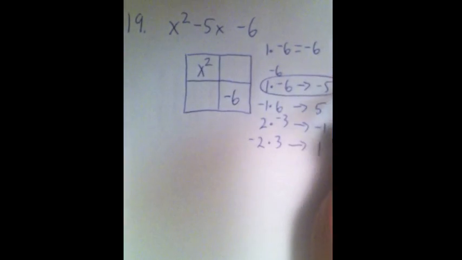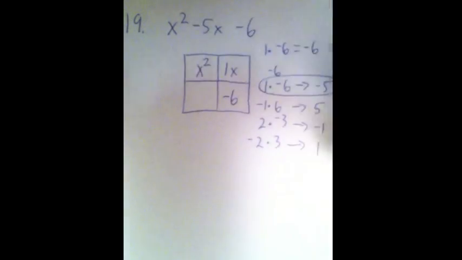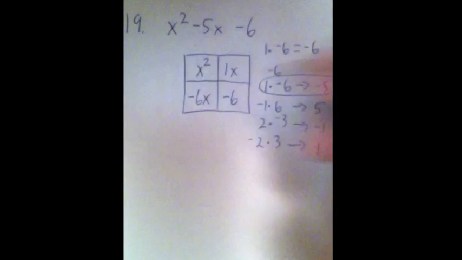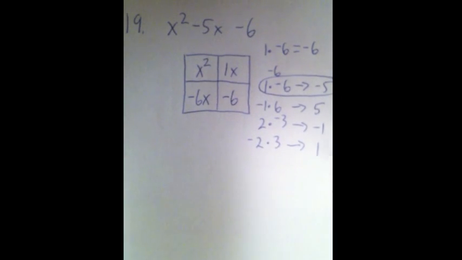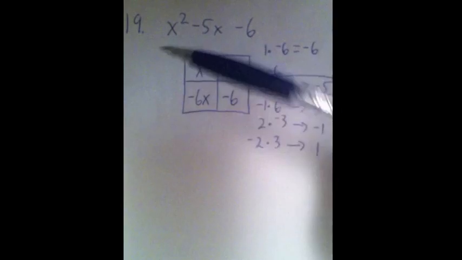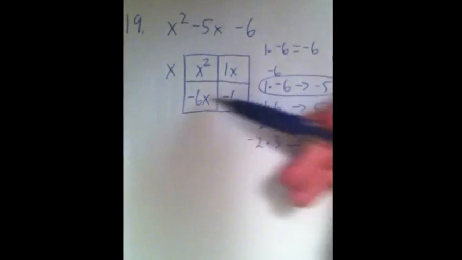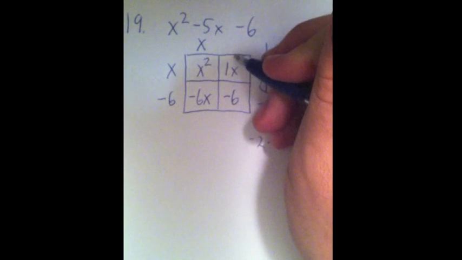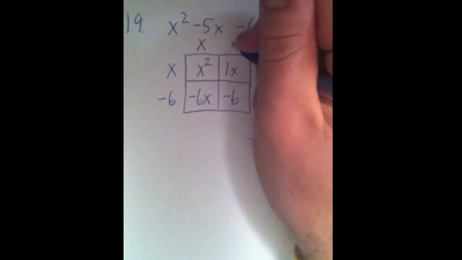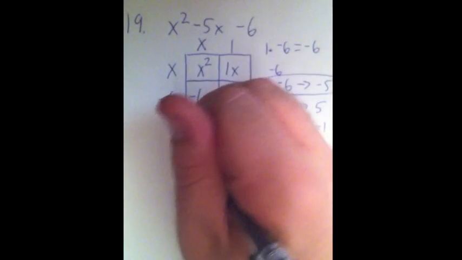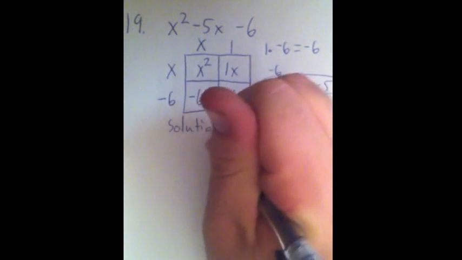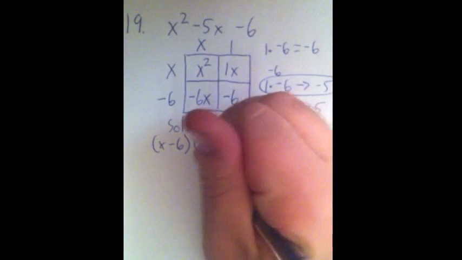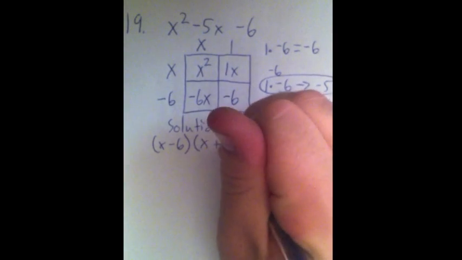So that is going to be our solution here. We're going to take those and plug them in. 1x in one box, and then negative 6x in another box, and then check the rows and the columns. So top row has a common x, bottom row has a common negative 6, first column x, second column 1. So our solution will be x minus 6 and x plus 1.